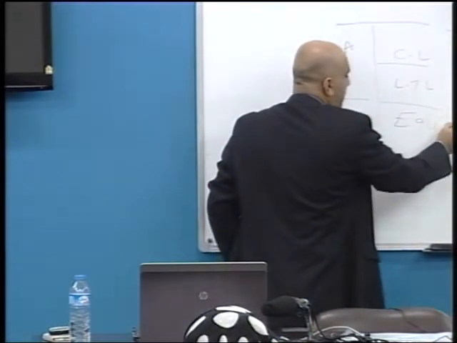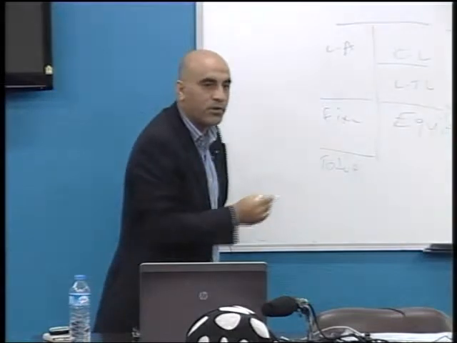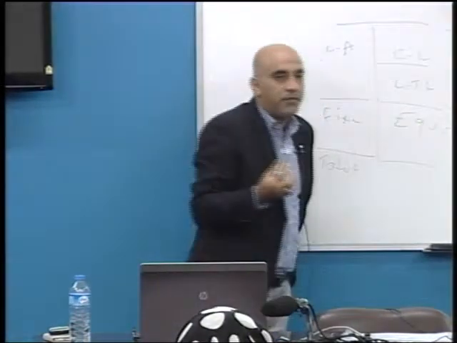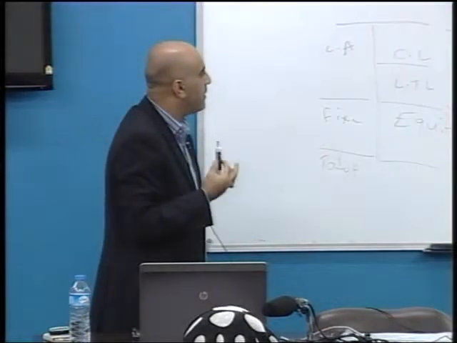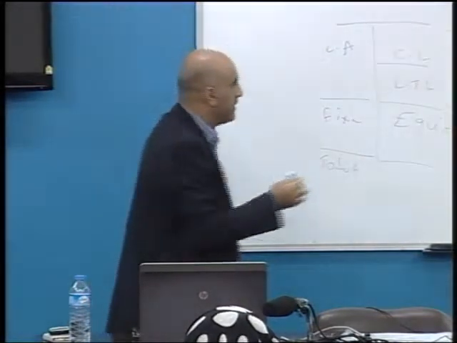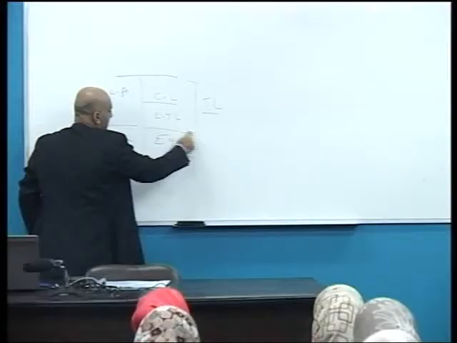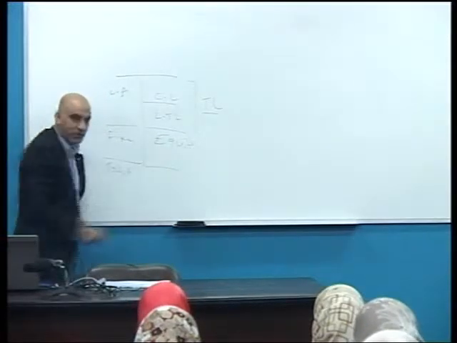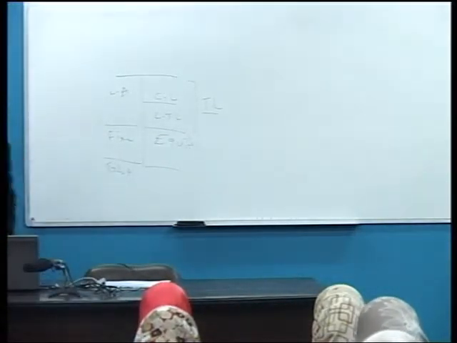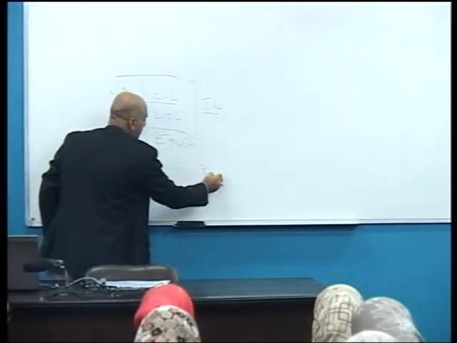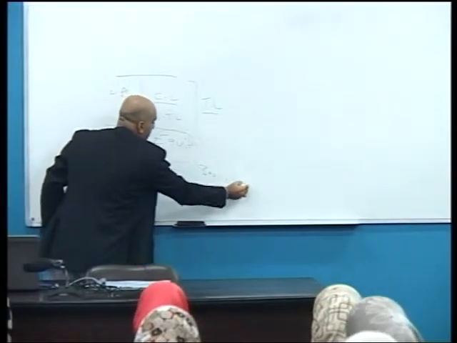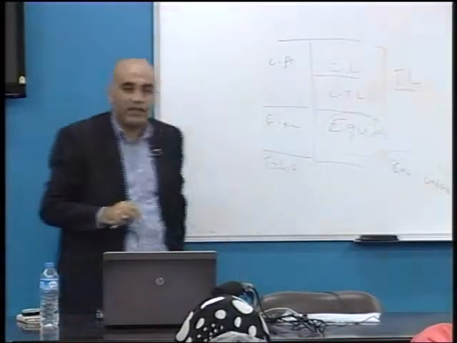Now, according to our definition, the book value is what is left after paying the total liabilities. So after paying the total liabilities, what is left? The equity. So the equity here is considered as the book value, the total book value.